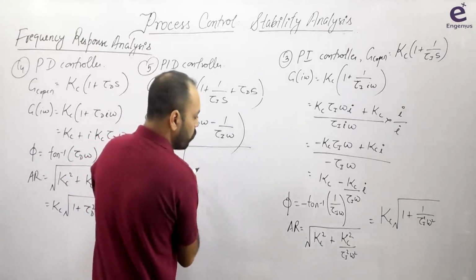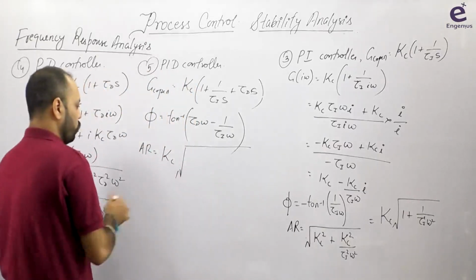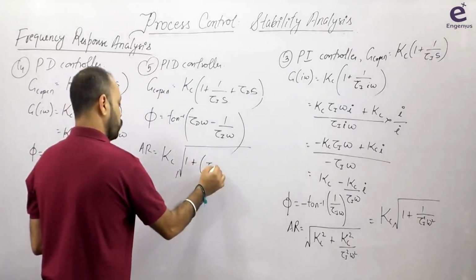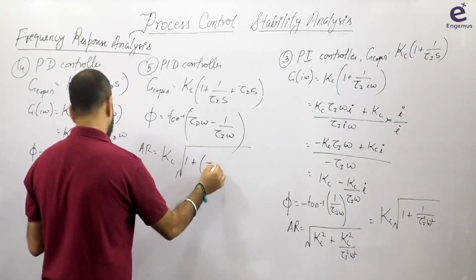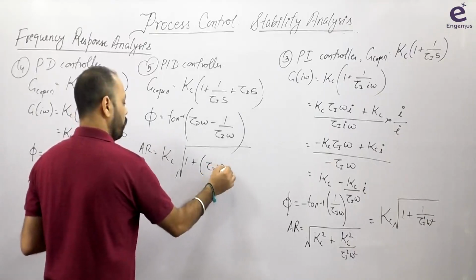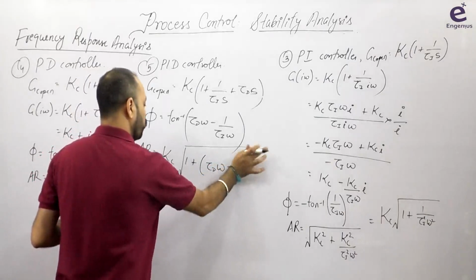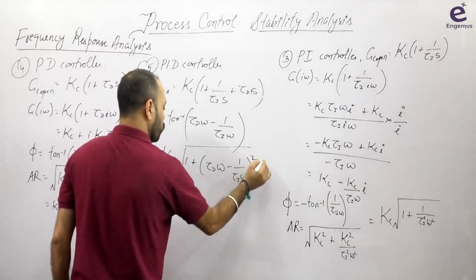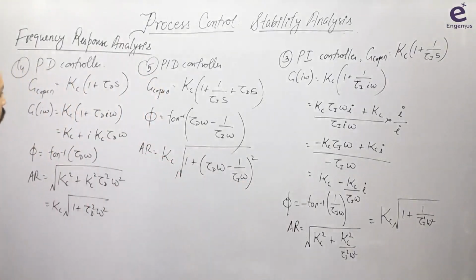Kc into 1 plus 1 by tau I square omega square. So it will be 1 plus tau d omega minus 1 by tau I omega, whole square, right?